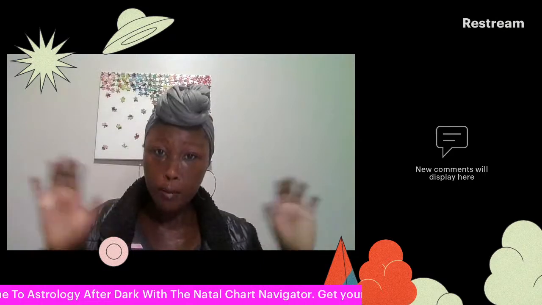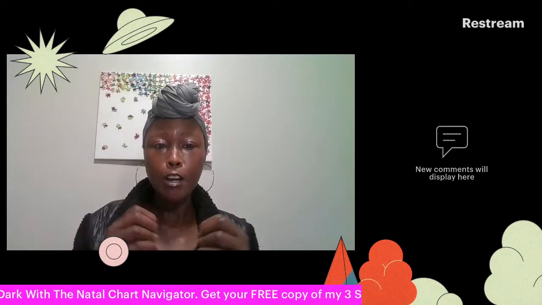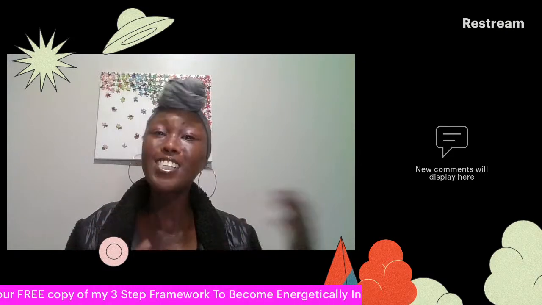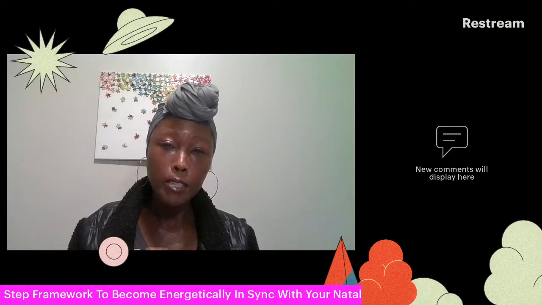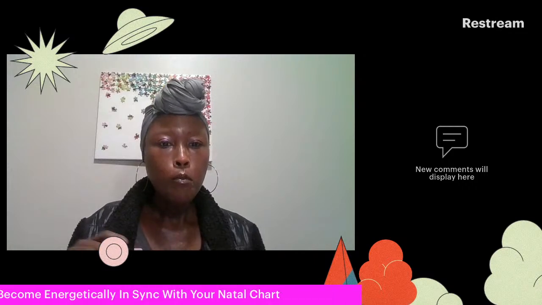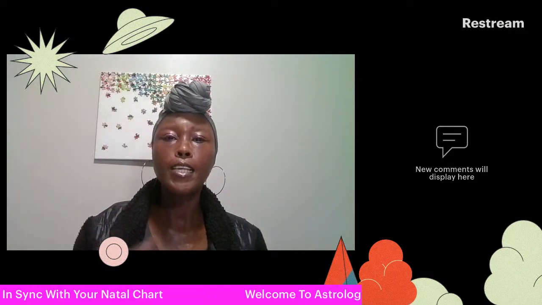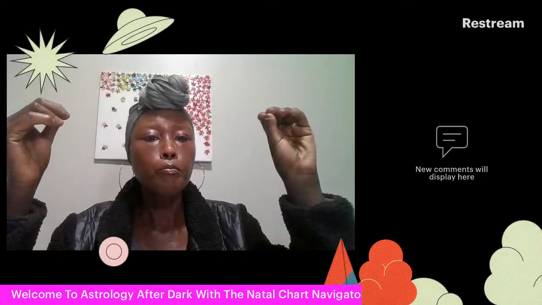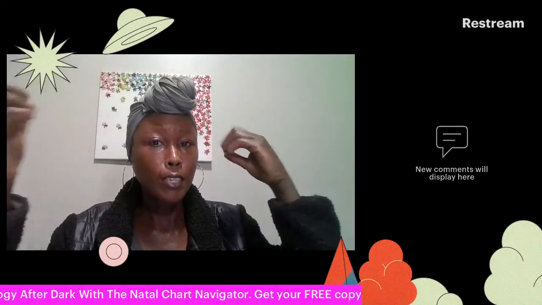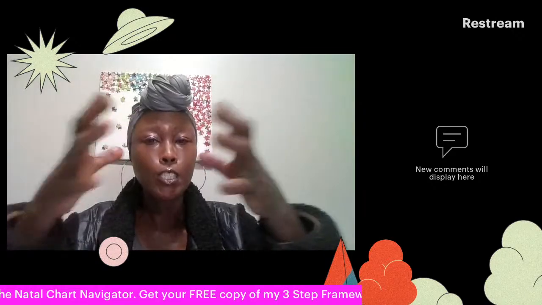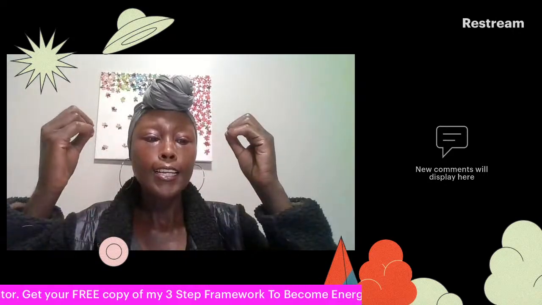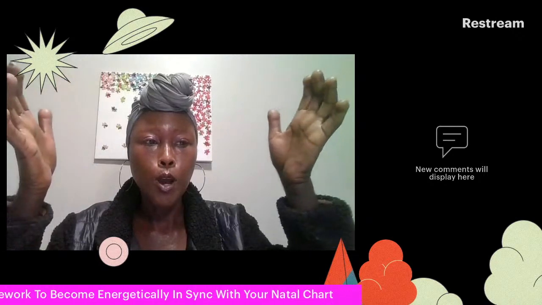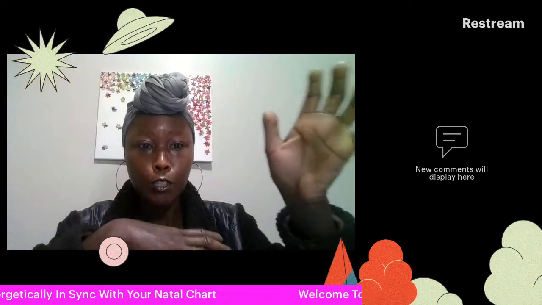But depending upon the placements, the planets that are involved in the conjunction, it definitely could be pretty challenging, okay? And so when you understand the aspects in your natal chart, then you understand how the energies interact with each other, and it gives you a better perspective on how to harness, how to focus that energy.